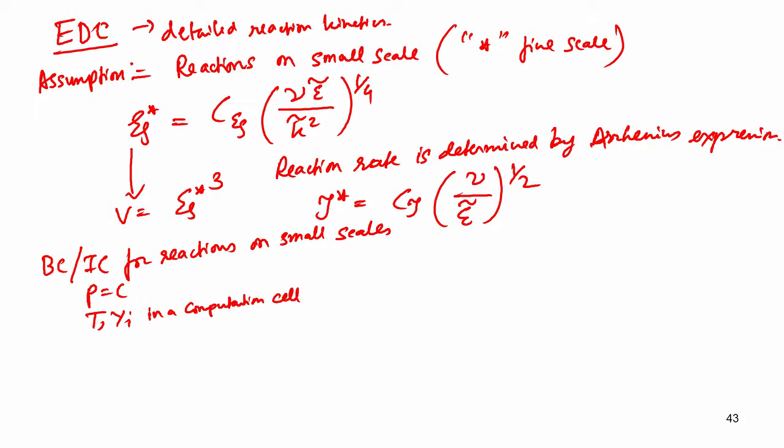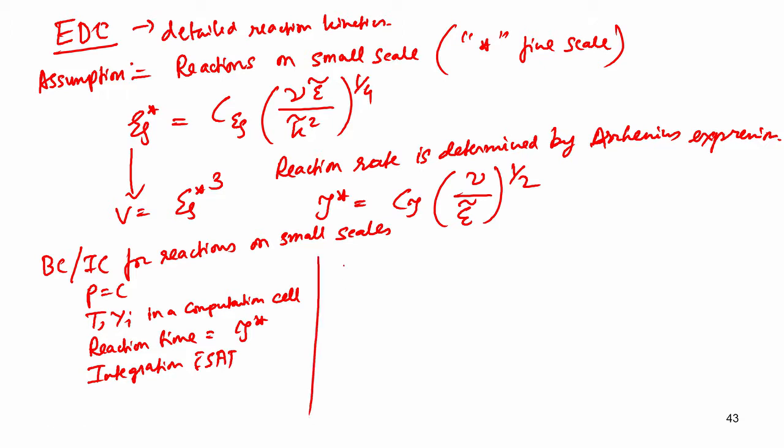That is our initial T and yi, and the reaction time, that is how long you integrate these reactions, is given by tau star, and the integration is performed by routines with ISAT, because this can lead to very stiff differential equations.